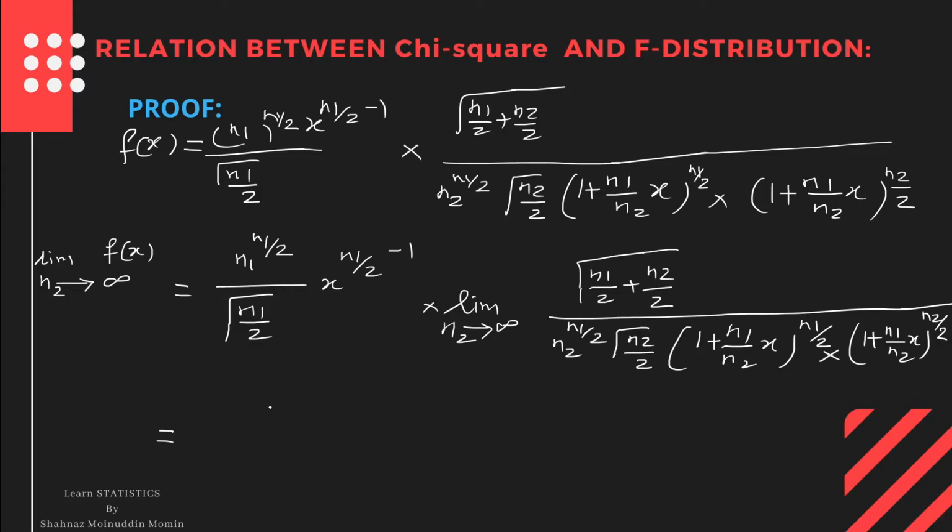In the next step, the terms containing n1 are as they are, into, I will separately take the limit for the remaining terms.